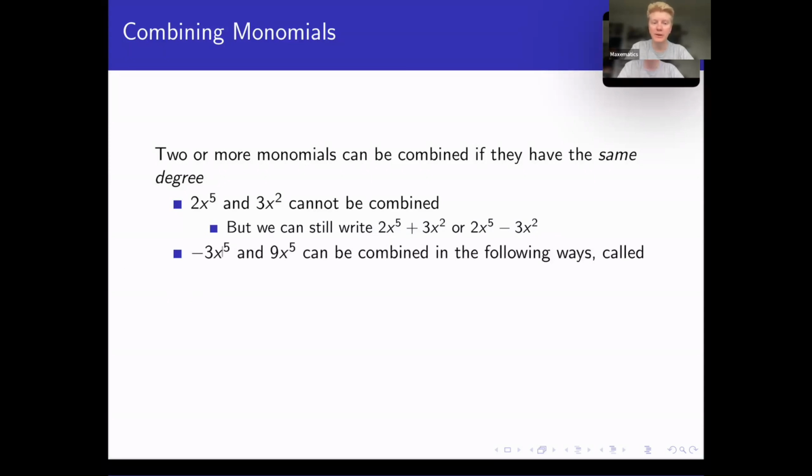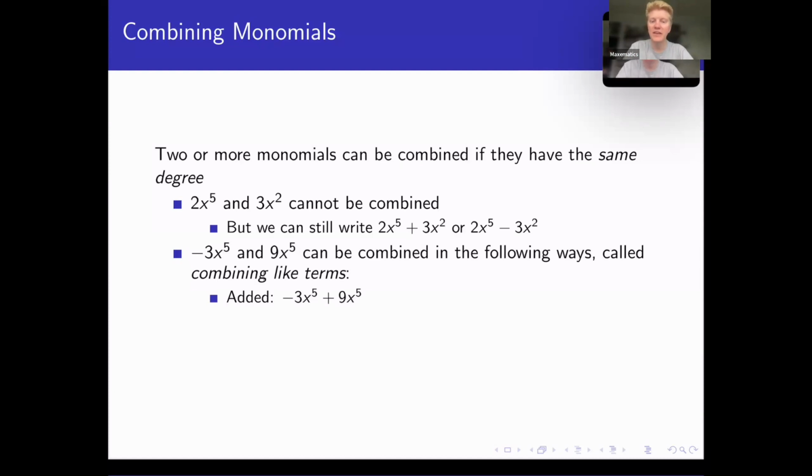However, negative 3x to the 5th and 9x to the 5th can be combined in the following ways that we call combining like terms. So we're going to use this term a lot. Anything that is a like term is anything that has the same degree. So negative 3x to the 5th, 9x to the 5th, they have the same degree. We can combine them.